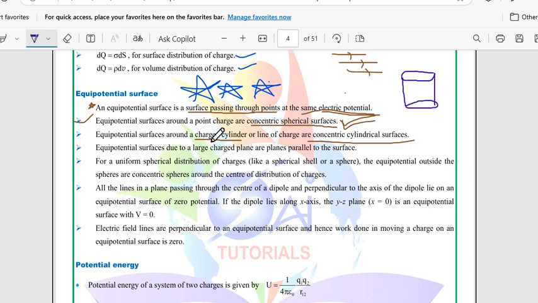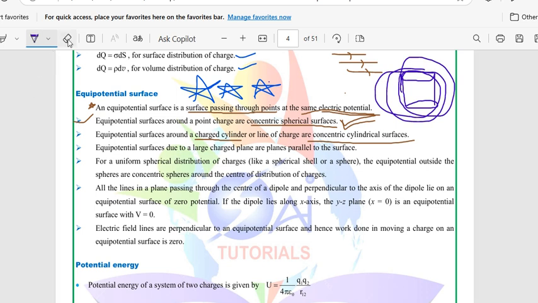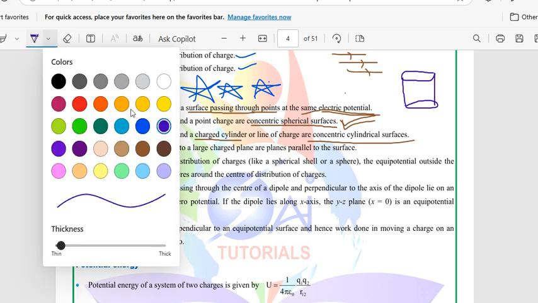Now, equipotential surfaces around a charged cylinder or a line of charge are concentric cylindrical surfaces. Whatever the surface is, in that position only the charges are distributed. Am I right or not? Equipotential surfaces around a charged cylinder or a line of charge are concentric cylindrical surfaces. This is the second point.